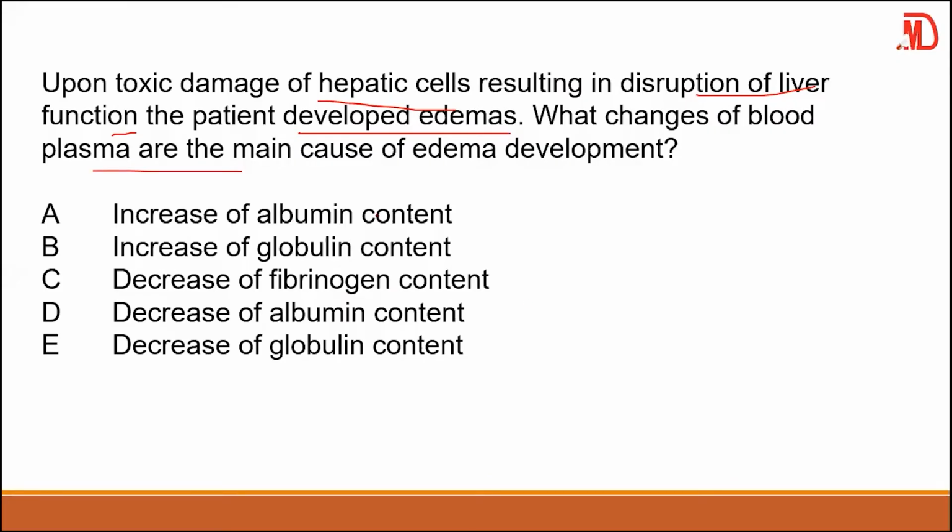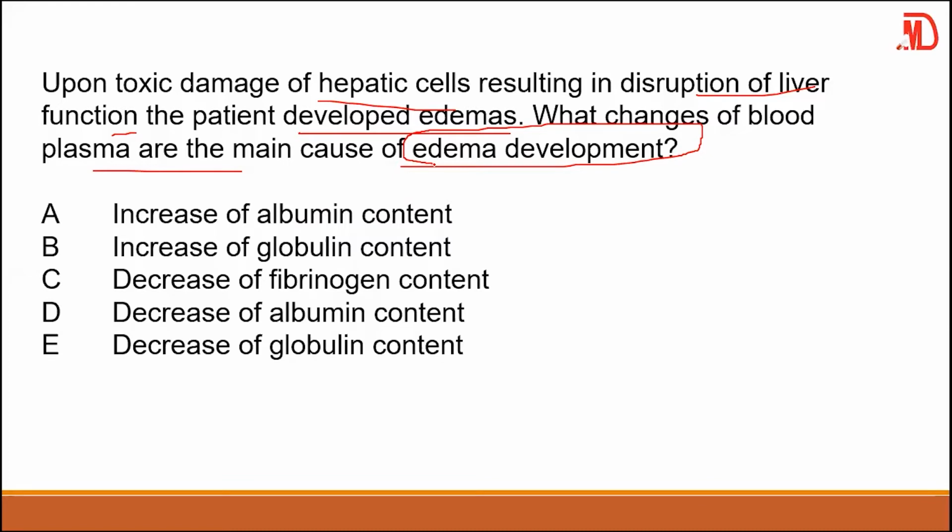So the question now is, what is the mechanism of the edema development? And again, we've discussed extensively on edema formation. We talked about oncotic pressure. We talked about hydrostatic pressure. We talked about all of these things. So please don't get confused.